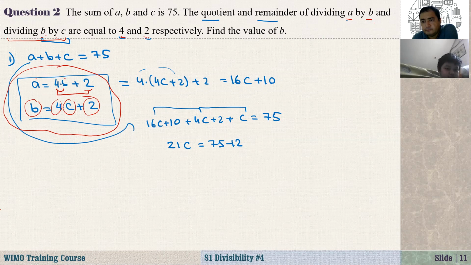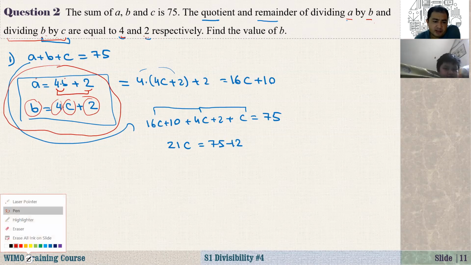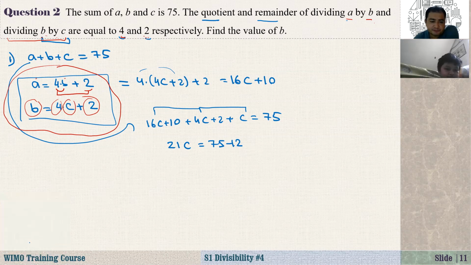Okay, Carol? Yes. That's why, if you don't read this well, you may not understand. Actually, a lot of students make a mistake in solving this question.